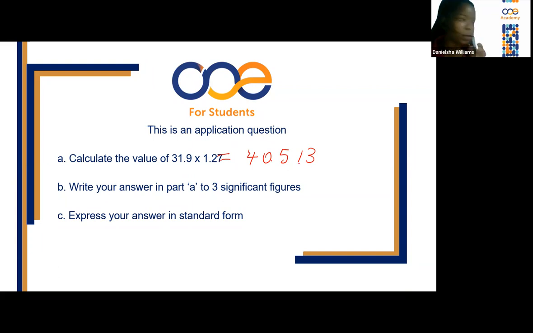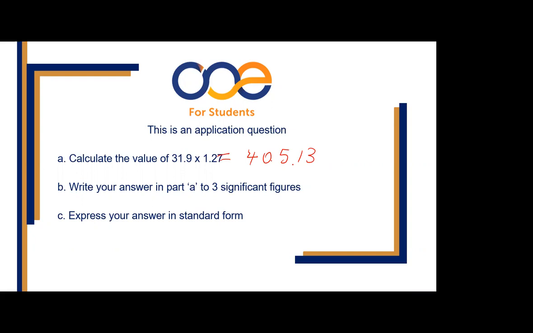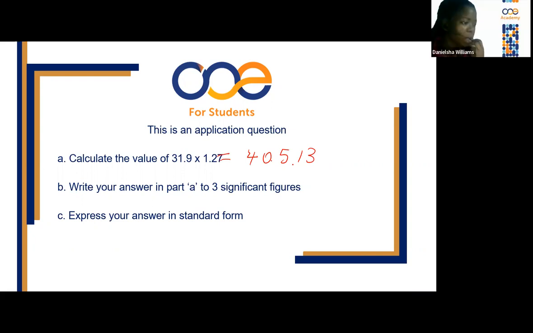And then part 2 says that you are to write it to 3 significant figures. My first question before we write to any significant figures: how many do we actually have from the answer? How many significant figures are there? 5, miss. That is correct. And if we want to write it to 3, what would we do?